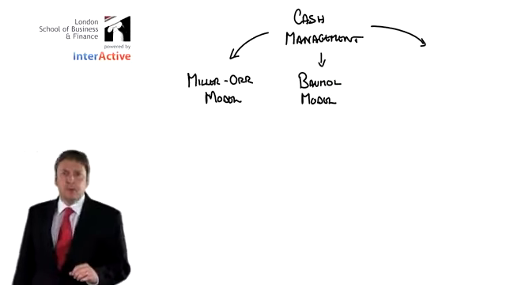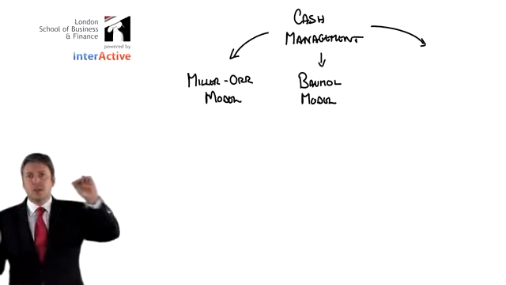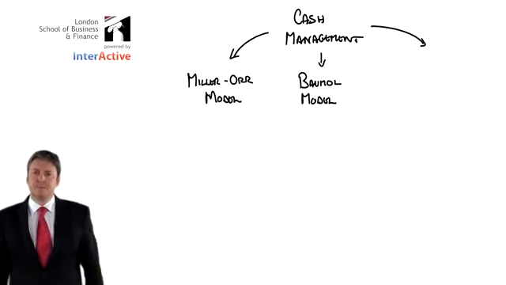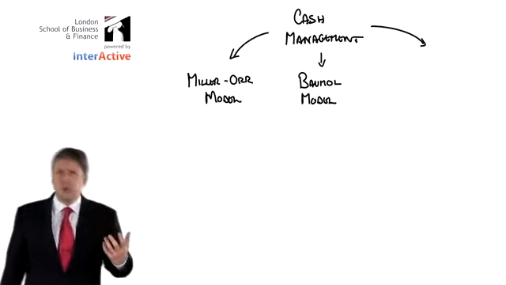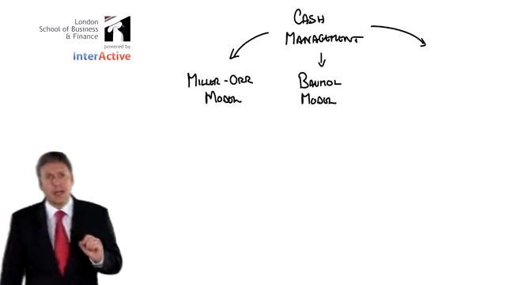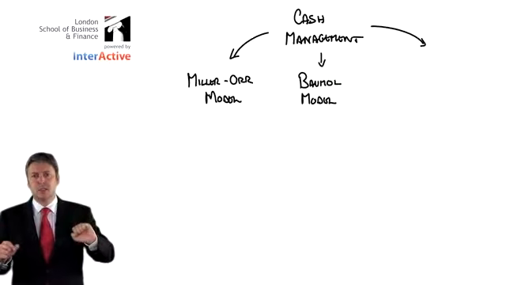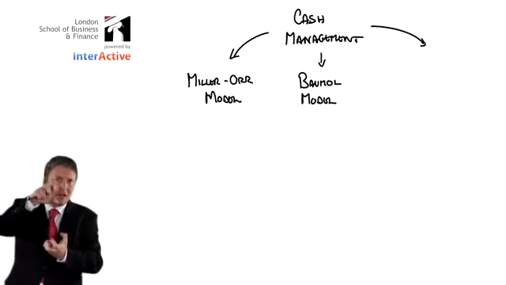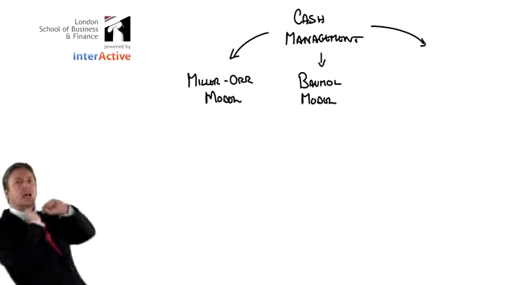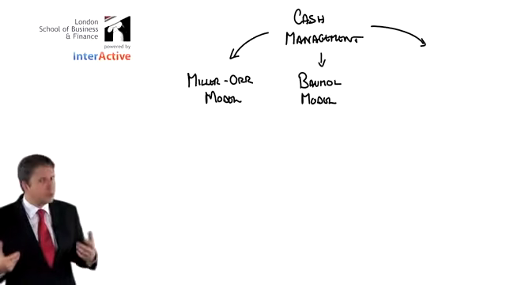That means that if it was generating cash and we did nothing, the cash balance would progressively rise. Of course, we don't want lots of cash sloshing about in the business. So what we're looking at here is this. If the cash balance is progressively to rise, how often do we take money out of the cash balance and invest it elsewhere? So a very simple idea comes up on occasion.